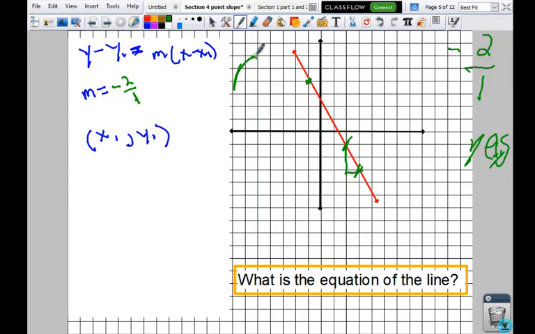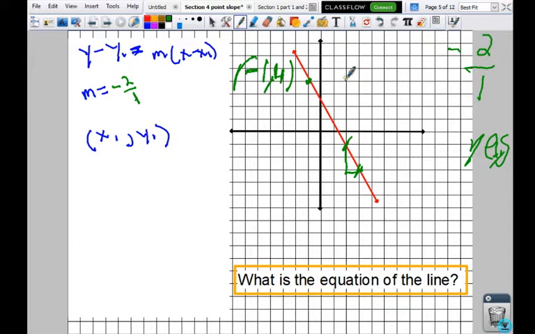Alright, so Jared picked a point on that line, he picked that one up top, and that xy coordinate is negative 1 comma 4. That parentheses is a little weird, but that's okay. We'll take it.